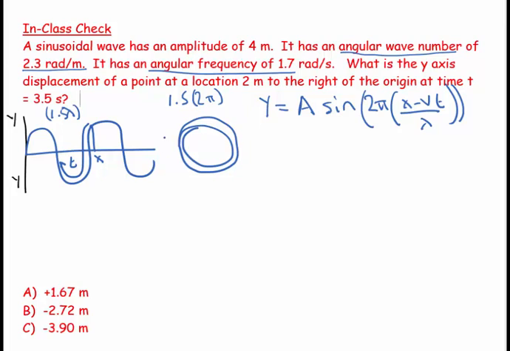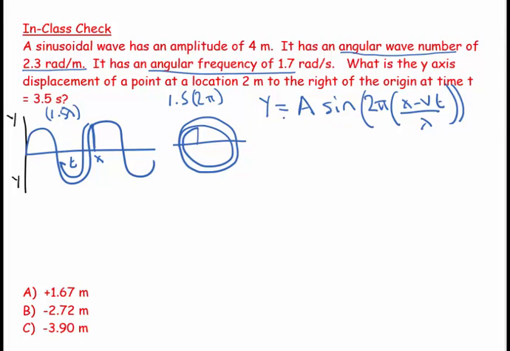We get the same effect, our y-axis displacement, the same values, by looking not in terms of a sine wave, but in terms of a phasor diagram showing the uniform circular motion that mirrors the simple harmonic motion.